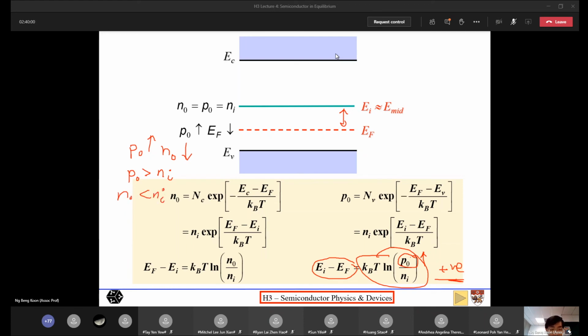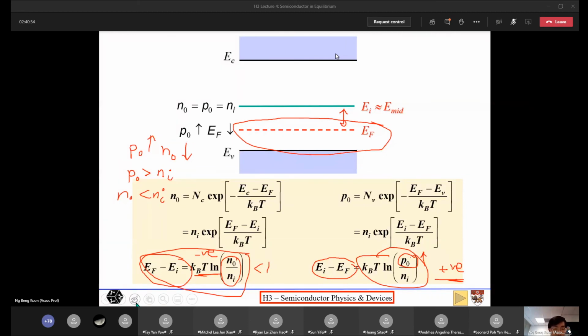You put that into this expression, N0 now is less than Ni, which means this will be less than 1. You take the natural log, you get a negative value, which means EF minus EI is negative, implying that the Fermi level must be below the intrinsic. That's why when you subtract EI from EF, you get negative, which again is consistent with what you see here. EF is below the intrinsic Fermi level.